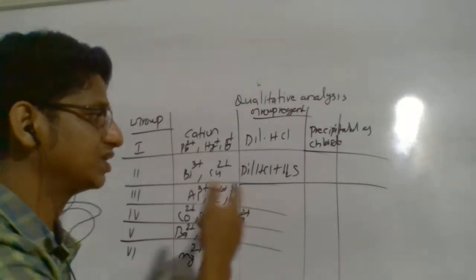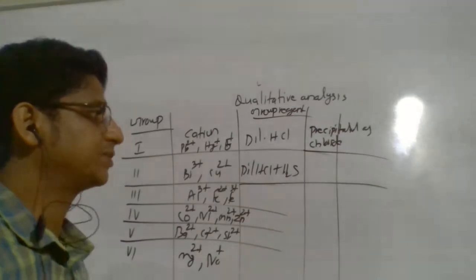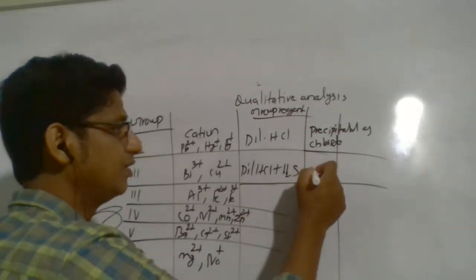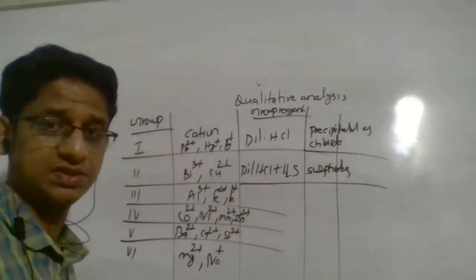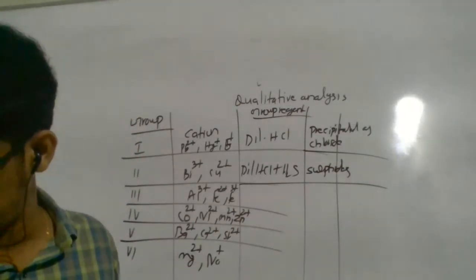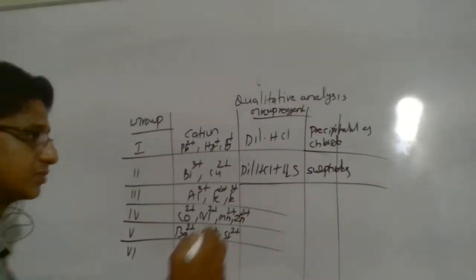After passing hydrogen sulfide gas, group 2 precipitates as the corresponding sulfides. You can remember group 2 precipitates as corresponding sulfides.